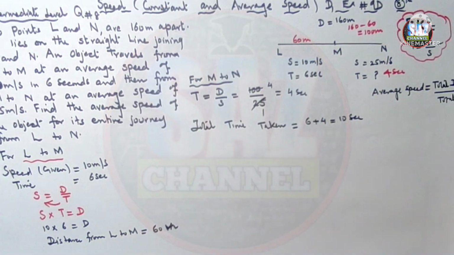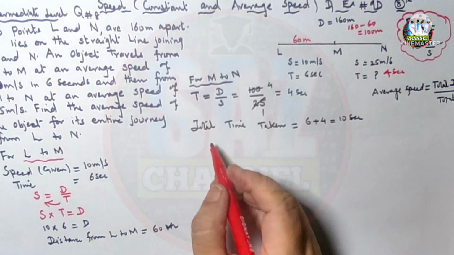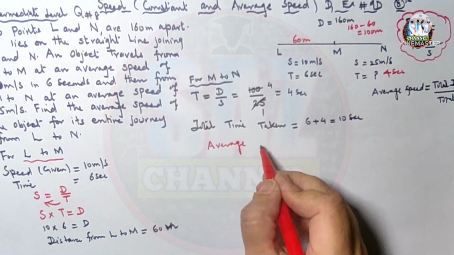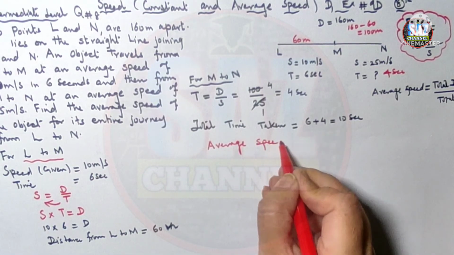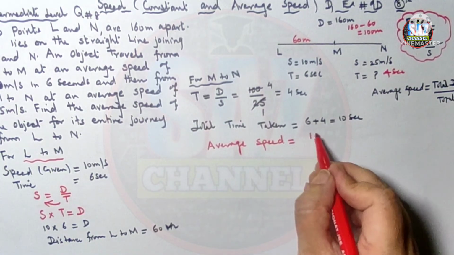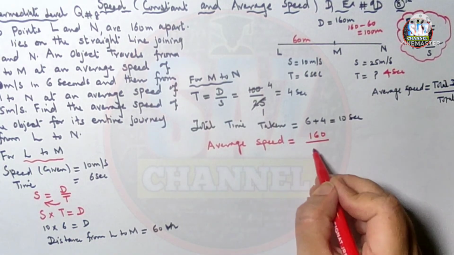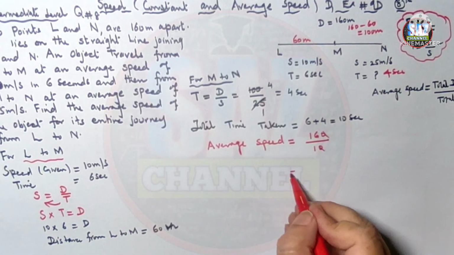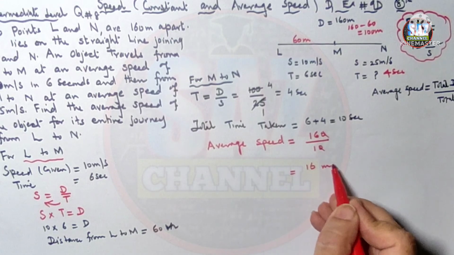And now the actual requirement of the question: average speed for the entire journey. Speed is total distance, 160, upon 10, which is equal to 16 meters per second.